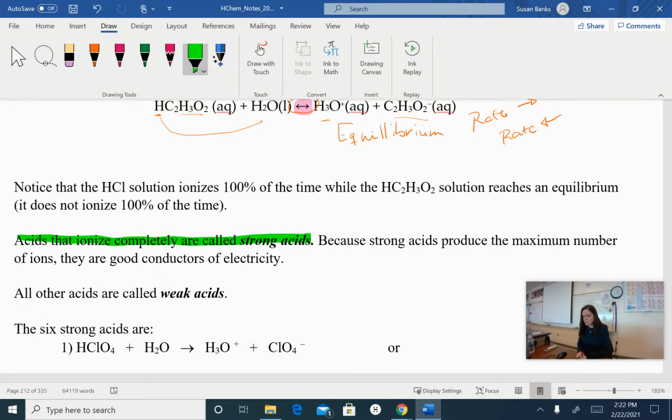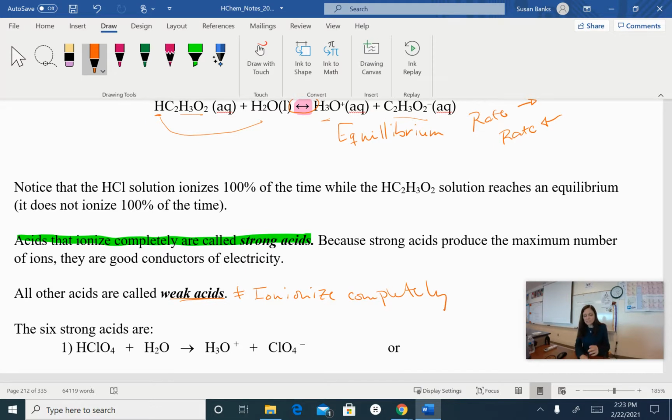Because strong acids produce the maximum number of ions, they are good conductors of electricity. All other acids are weak. So if they do not ionize completely, if I have an acid that does not ionize completely, it is a weak acid.